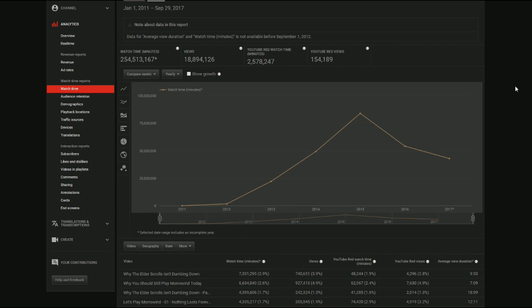Because you're not getting a monetized view for your video by people who watch YouTube Red, YouTube therefore compensates you for the monetized view that you didn't get. And YouTube actually compensates you way more than you would have got for the monetized view, which means you get a disproportionately large amount of money versus regular monetized views from YouTube Red views. It's quite a significant amount, actually.